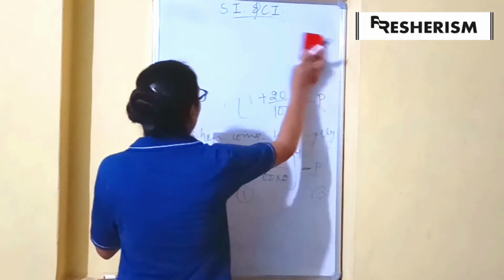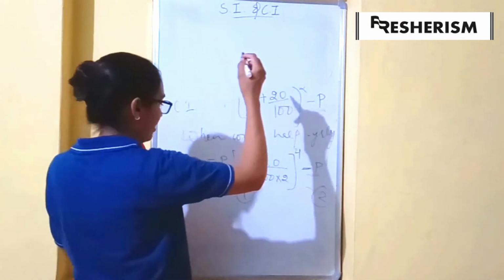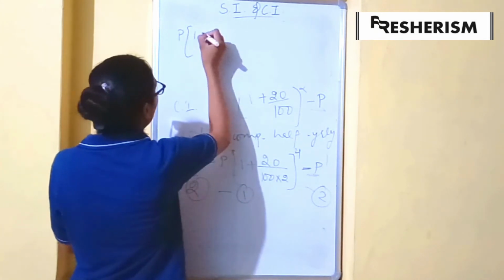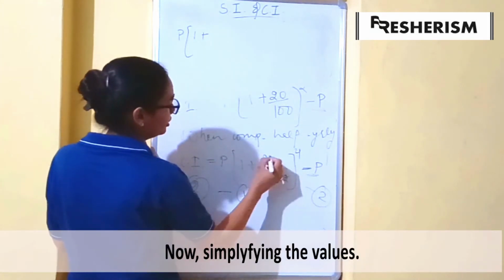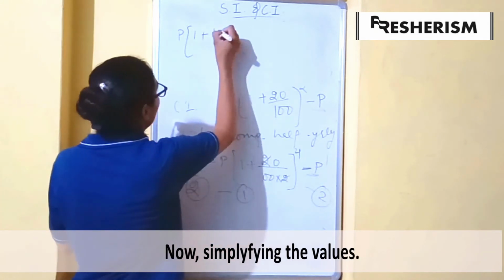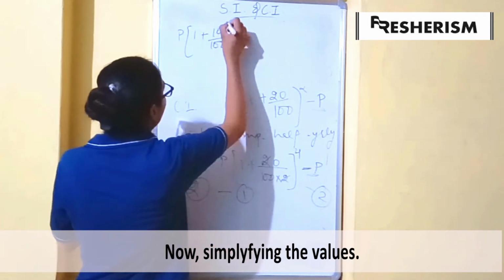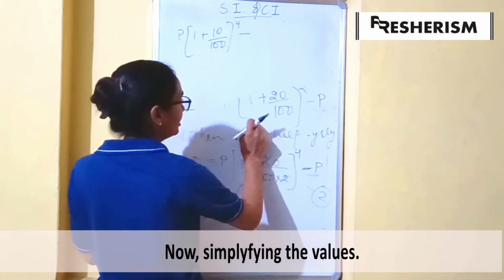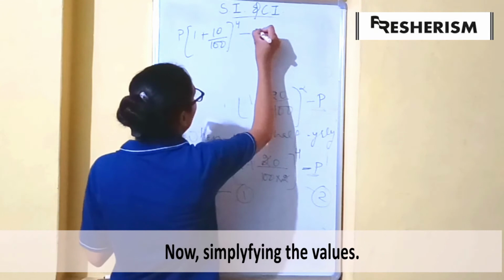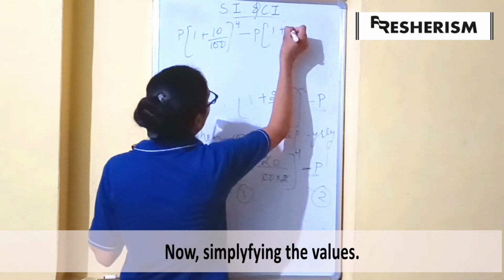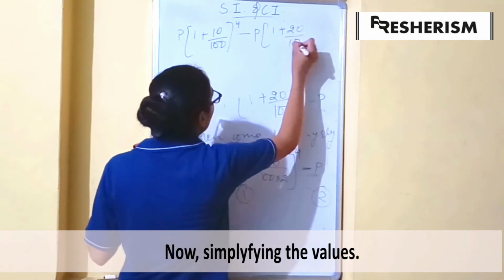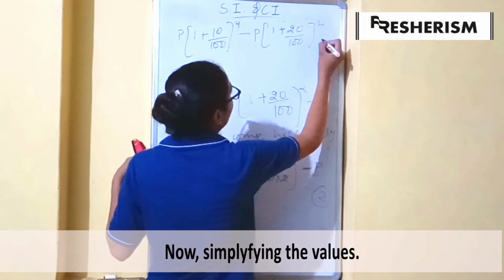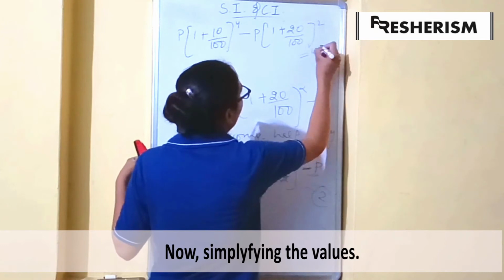What will we have? We will have P into 1 plus, let us cancel 2 from here, we get 10 by 100, raised to the power 4. This P has been cancelled and here we had this term, P times 1 plus 20 by 100 raised to the power 2. And this equals 482.